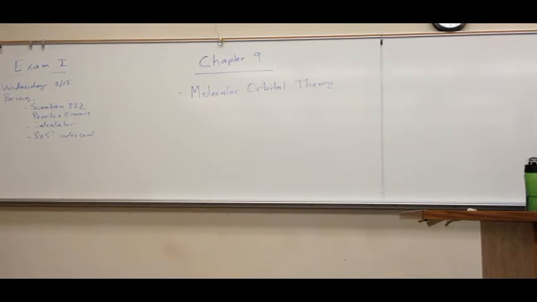One's molecular orbital theory, the other is hybridization theory. They're different theories. One's not better than the other. Neither one of them is perfect, okay? They're ways of explaining how the atoms do what they do. Sometimes molecular orbital theory is the best way of explaining what happens, and sometimes hybridization theory works better.